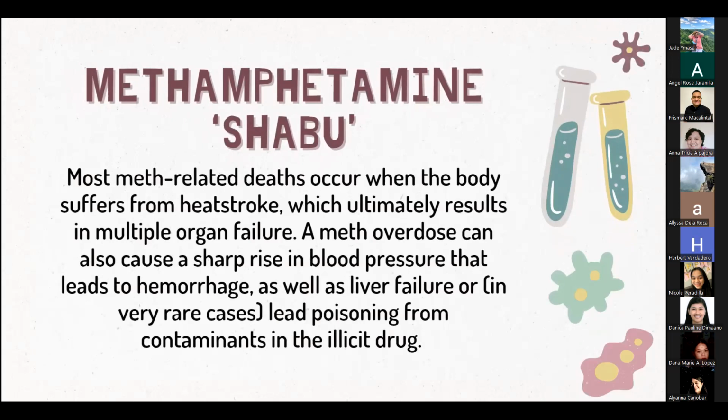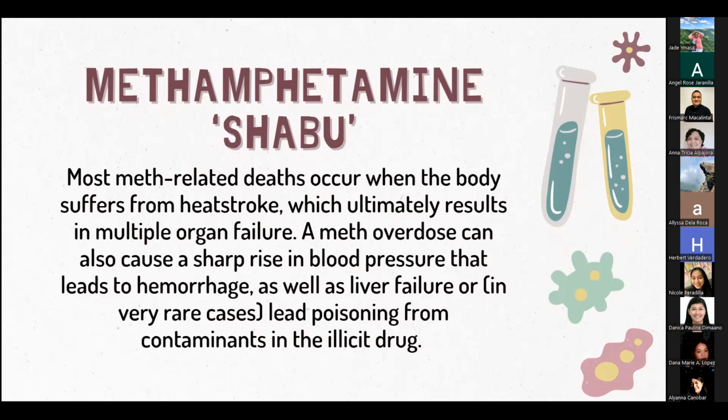So the methamphetamine. Most meth-related deaths occur when the body suffers from heat stroke, which ultimately results in multiple organ failure. A meth overdose can also cause a sharp rise in blood pressure that leads to hemorrhage, as well as liver failure, or in very rare cases, lead poisoning from contaminants in the illicit drug.